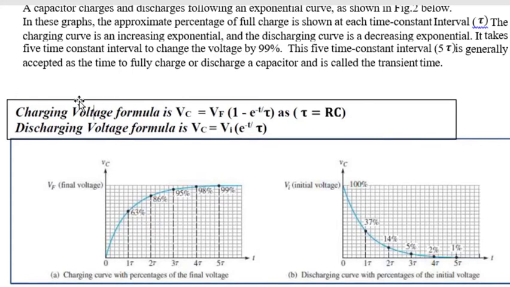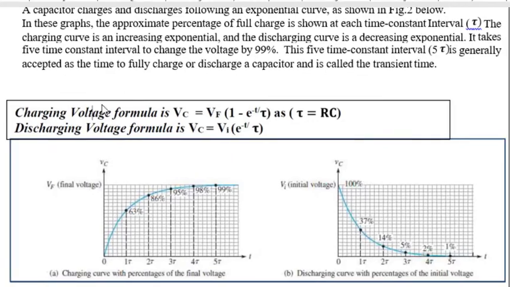This equation, the first equation is for charging voltage formula, and the second equation is for discharging voltage formula. This equation is used to calculate the voltage charging across the capacitors with respect to the time.